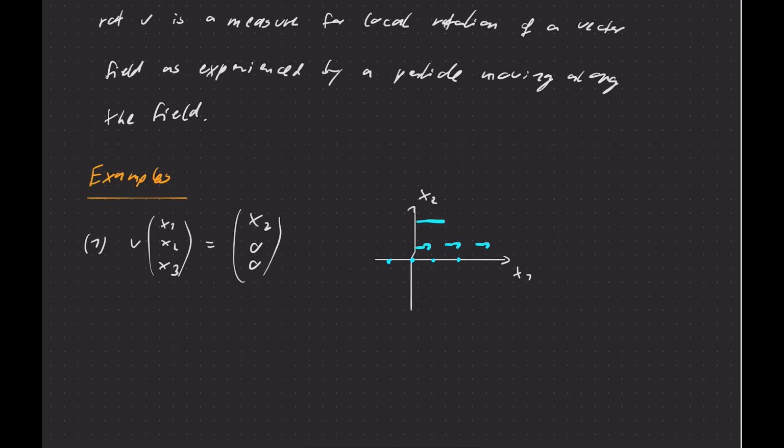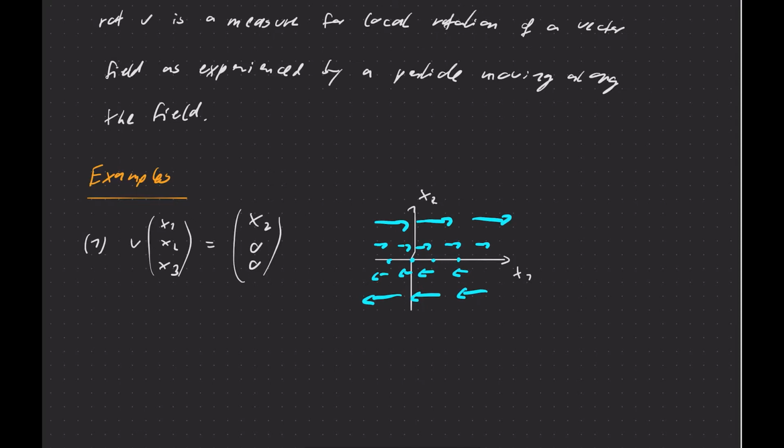And if x2 increases even more, then that flow increases. And if x2 goes below 0, then we again get a flow in x1 direction, but it's reversed. So we get a flow like this here. And as x2 increases, that flow gets a little larger as well.